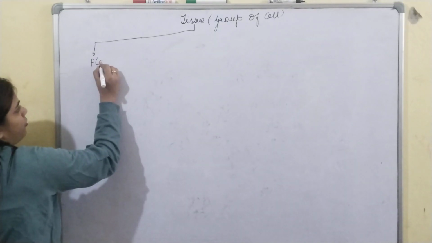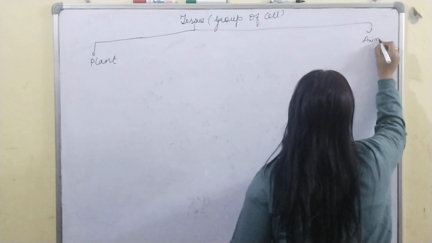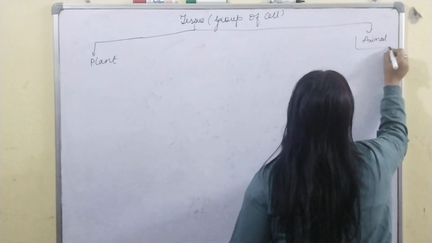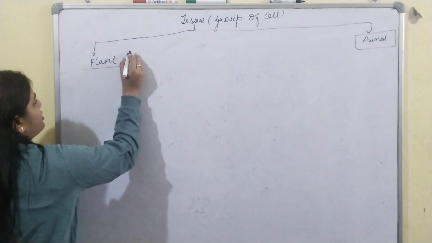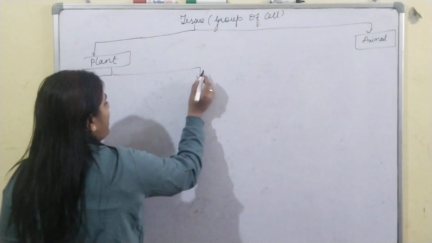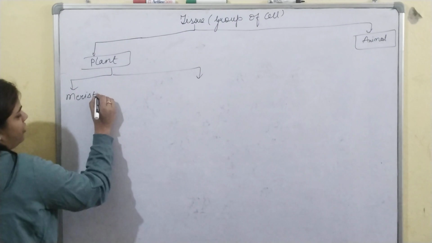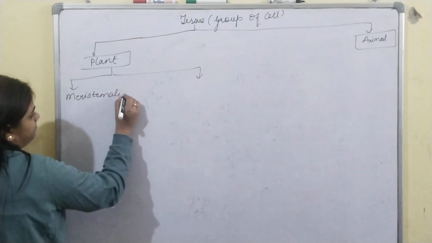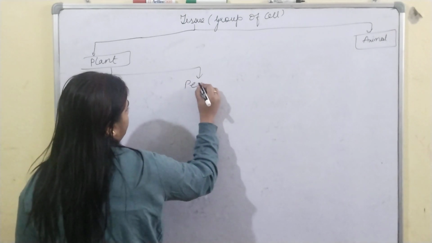Into plant tissue and animal tissue. In the previous lecture, I have discussed the meristematic tissue. So plant tissue is divided into meristematic tissue and permanent tissue.